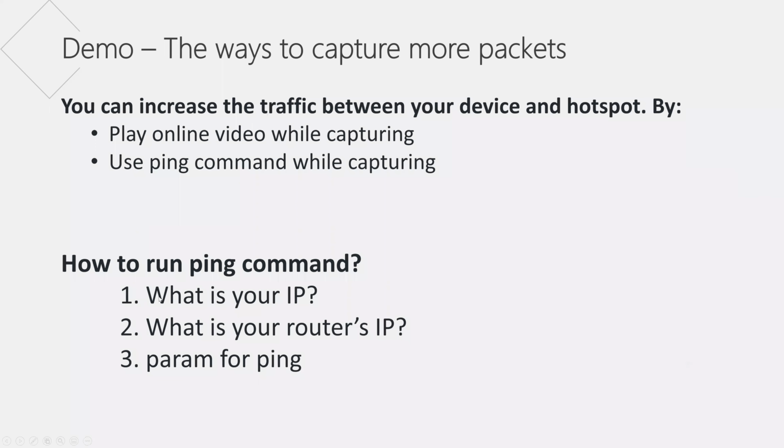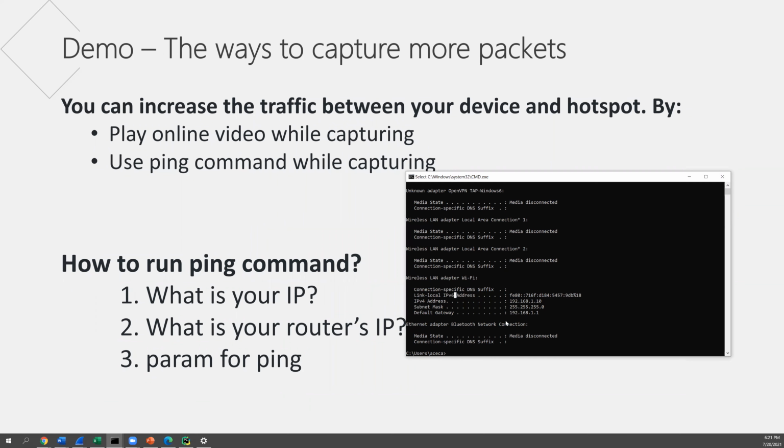And after we know the IP address, we can use the ping command, like simply ping. The number is, let's say, 2000, and the interval, here I use 1 second. So I send 1 packet per second, to the address of 192.168.1.1, sorry.